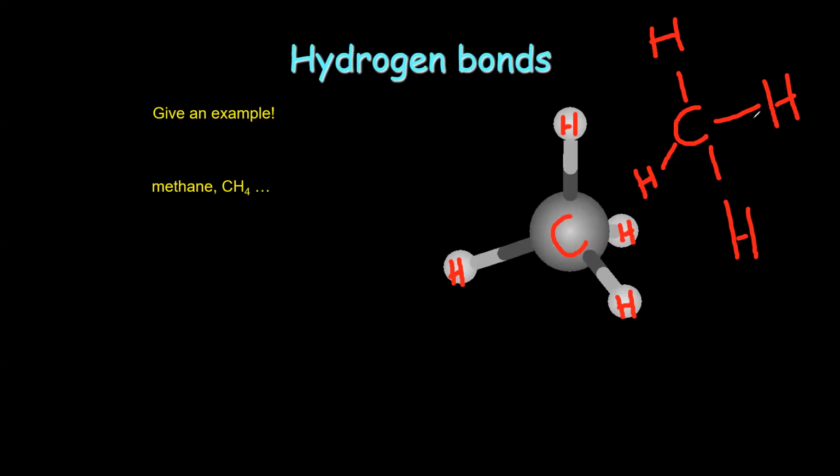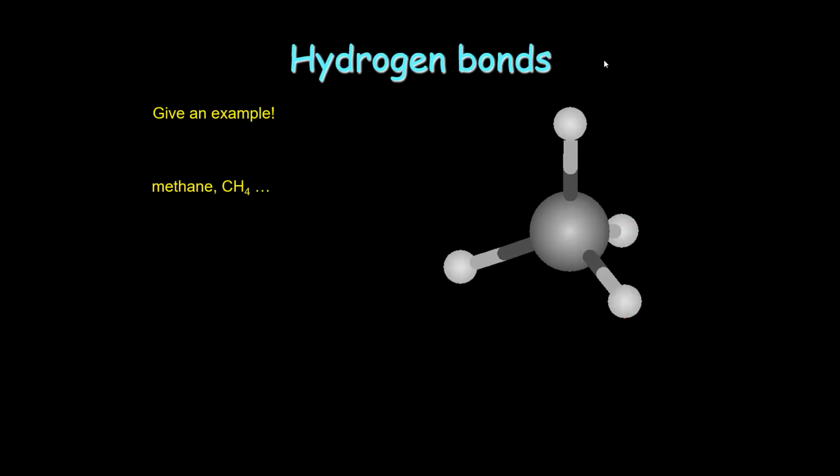No, because there is no oxygen, nitrogen, or fluorine here. It's just carbon and hydrogen. So we don't expect hydrogen bonding to occur in methane because there are no electronegative elements, which you have highlighted before, oxygen, nitrogen, and fluorine, present in the neighboring molecule.